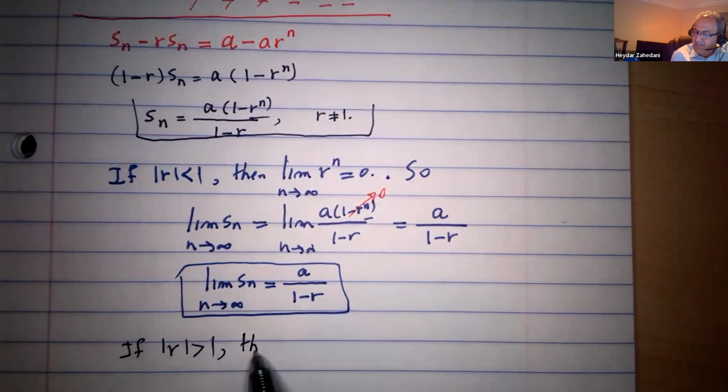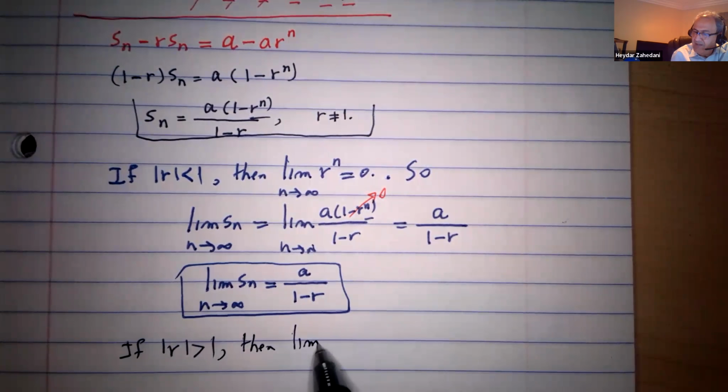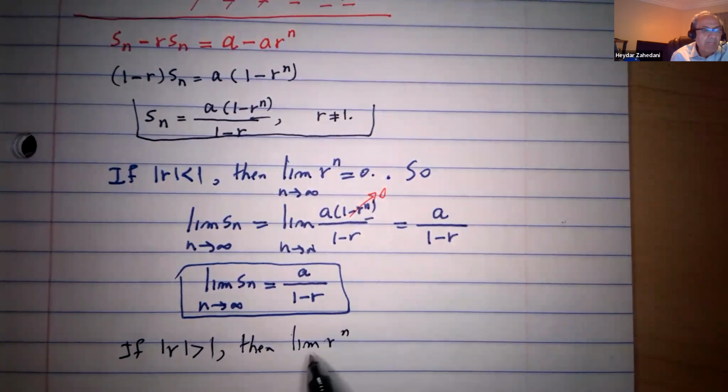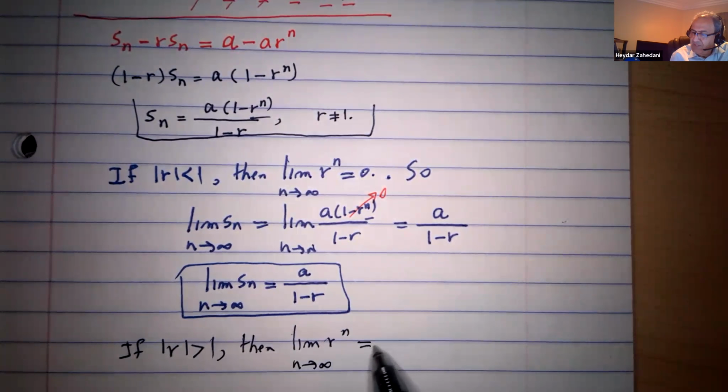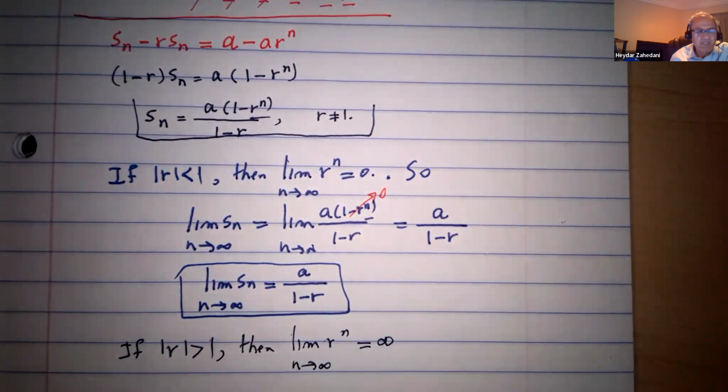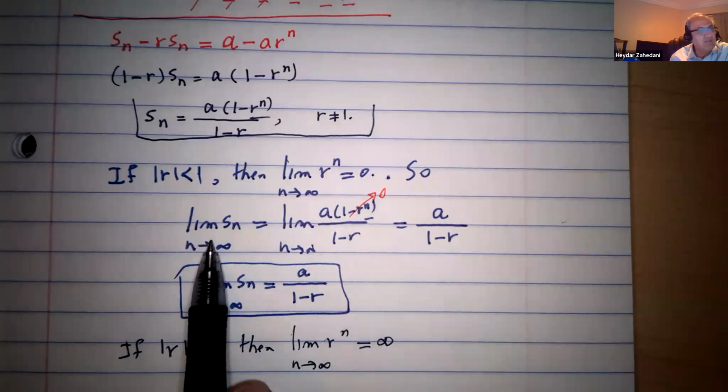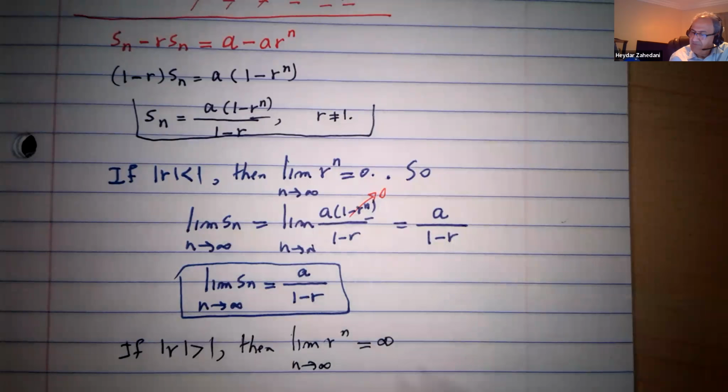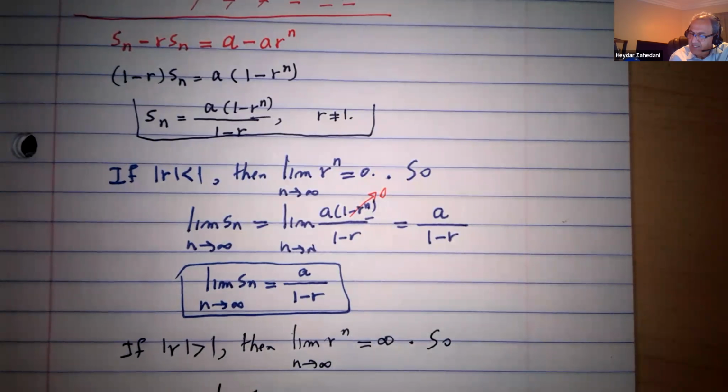Then the limit of R to the N, N goes to infinity, would be infinity this time. Then you cannot find this limit. If this is the case, the limit of Sn, N goes to infinity, in this case, does not exist.